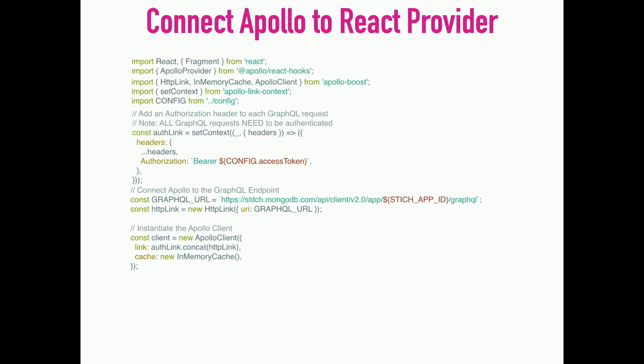And the way we do that is with the Apollo React hook package. And all we do is we wrap the Apollo provider around our React application. So if you ever use like React Router or Redux, very similar, you just wrap that around there so all the children components have access to that data. Apollo can filter that down to all your child components. Great.